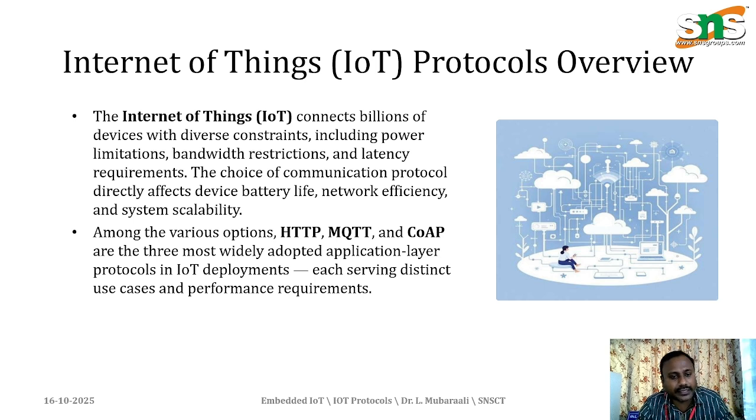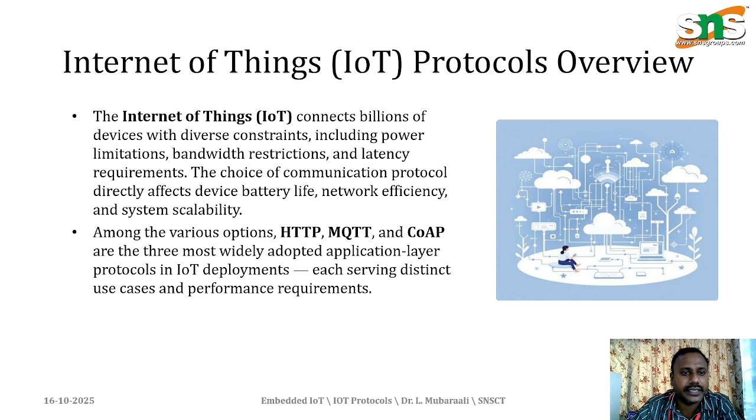So the deployment model concludes with the server and client model approach, each serving distinct use cases and performance requirements. HTTP, MQTT and CoAP are the most widely adopted application layer protocols in IoT.